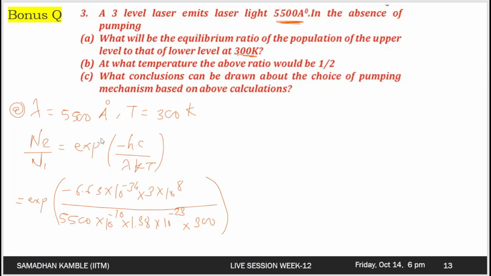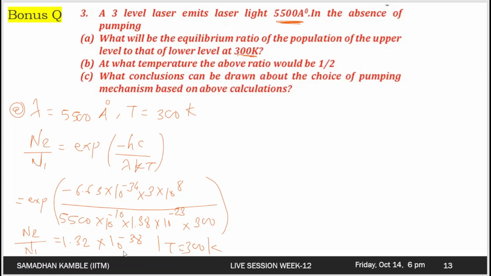So if you just solve it, we get N2 by N1 as 1.32 times 10 to the power minus 38. This is at T equal to 300 Kelvin.